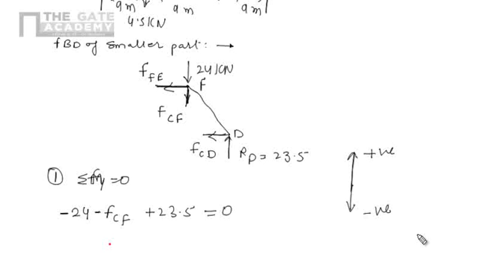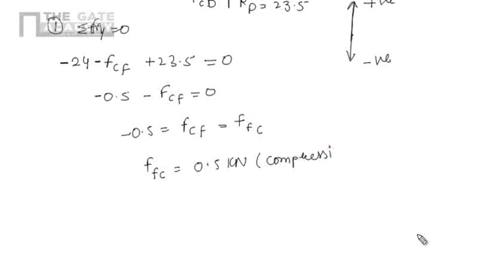So now I am having minus 0.5 minus FCF equals 0, so FCF equals minus 0.5 kilonewton, and the negative sign shows the nature will be compressive.